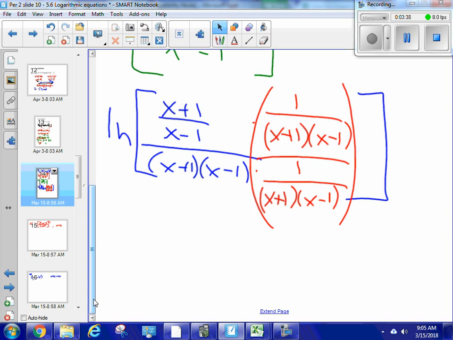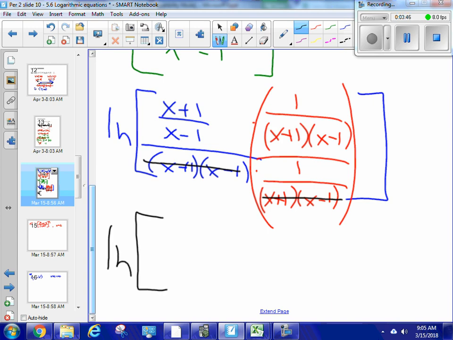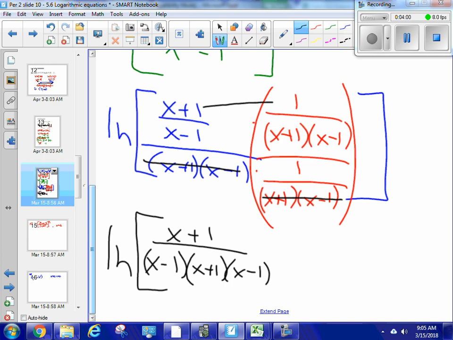So my denominator here cancels out. And now I'm just going to multiply straight across. And I'm going to get x plus 1 divided by x minus 1 times x plus 1 times x minus 1. I just multiplied straight across.